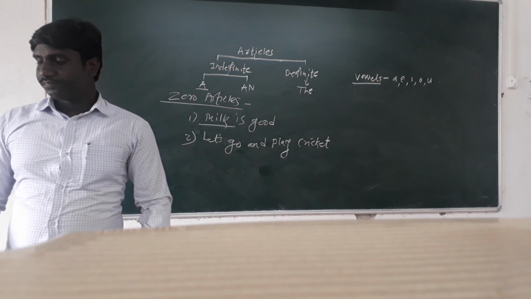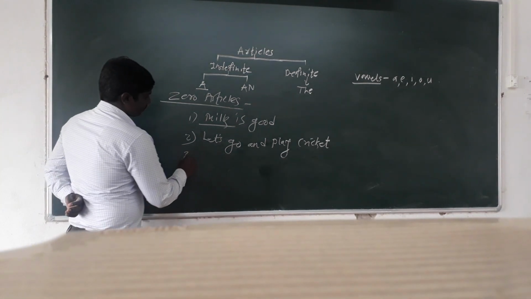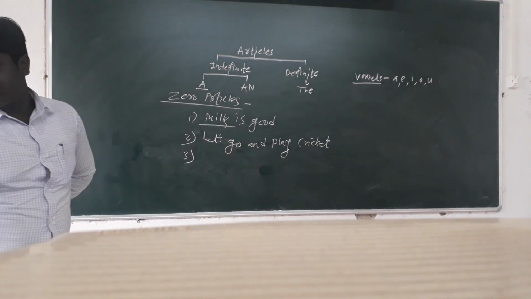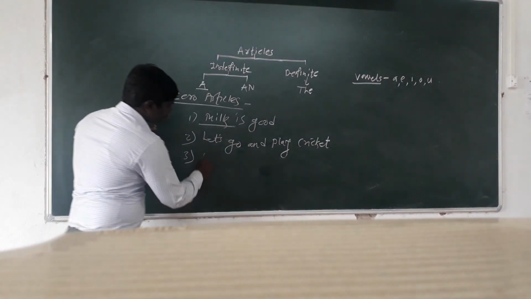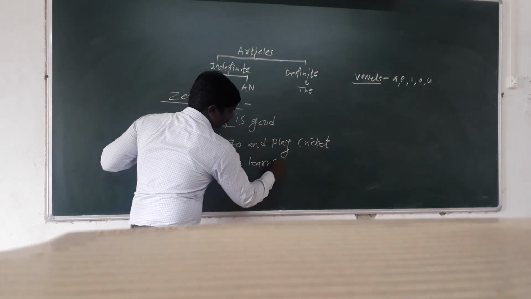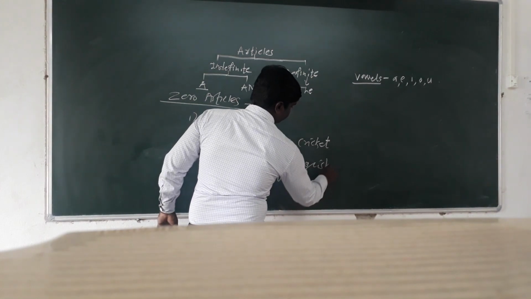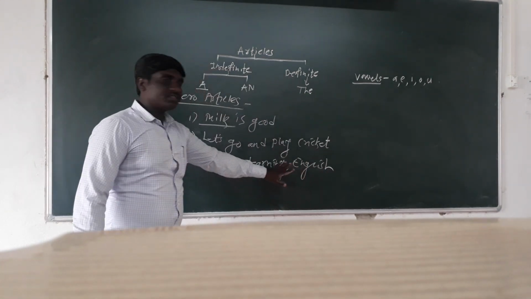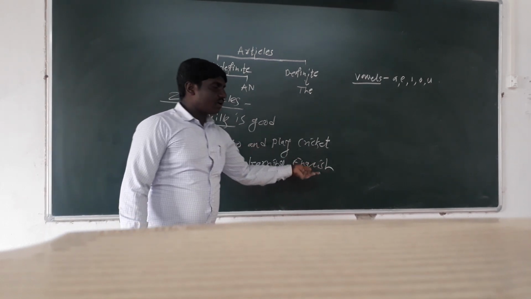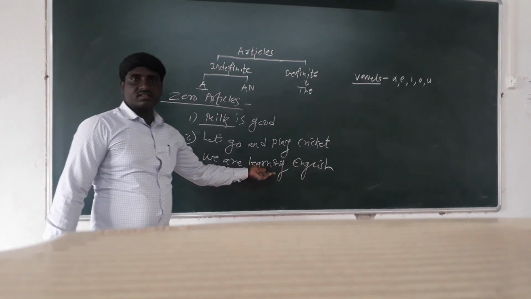And third rule, before the name of a language, any kind of language. For example, we are learning English. English is the name of a subject or a language. So before any kind of language, we do not use articles.